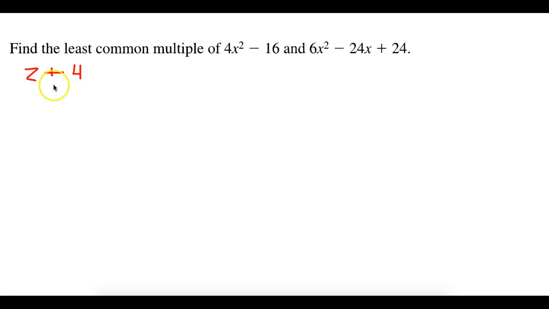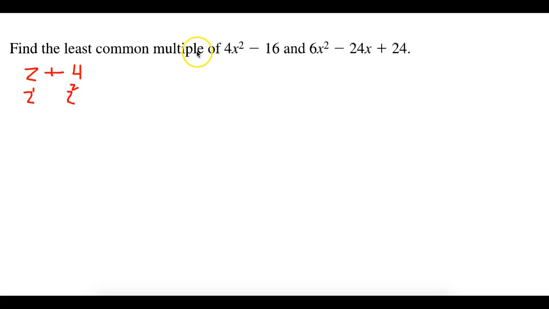Now, what we're actually doing is breaking down each expression to the product of its least common primes. So 2 is just 2 to the first power, and 4 is just 2 times 2, which is 2 squared.